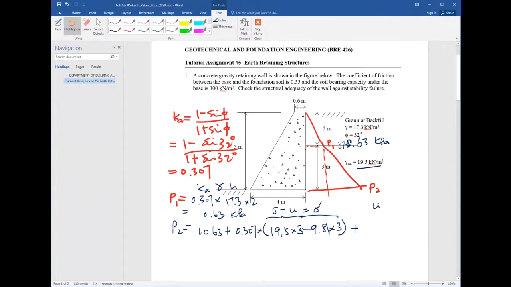But of course, that is the effective stress. But you have to work out the pore water pressure, right? Pore water pressure 9.81 times 3, right? So that will give you a total of 49 kPa.